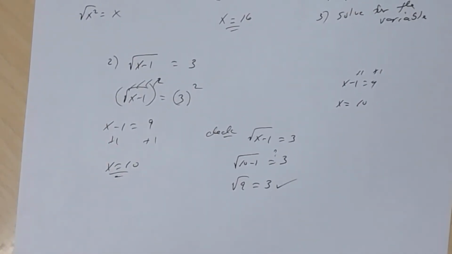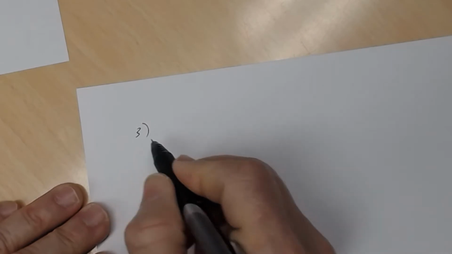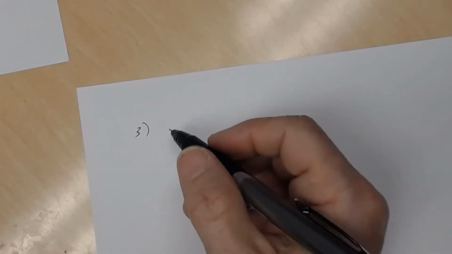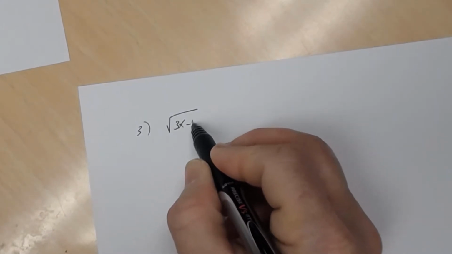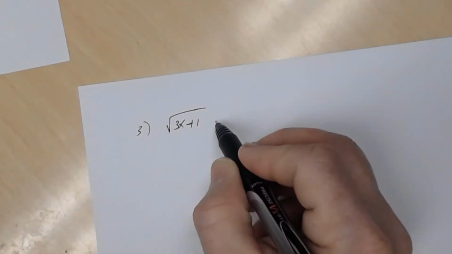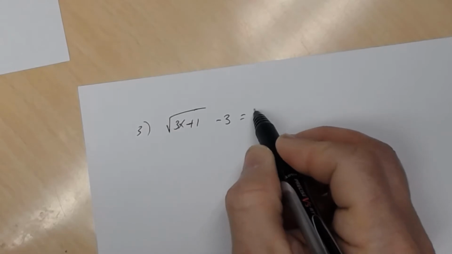Okay, number 3, let's suppose in number 3 you had the square root of 3x plus 1, minus 3, equal 7.